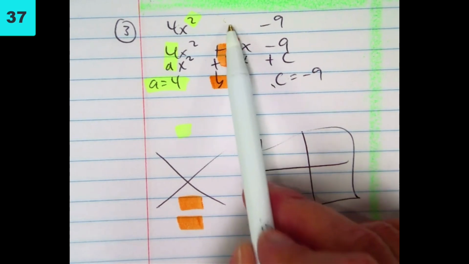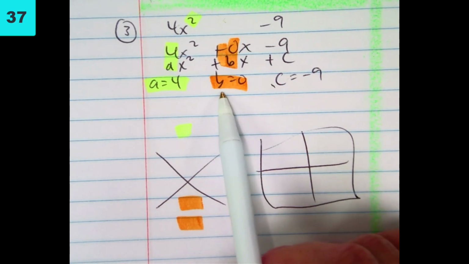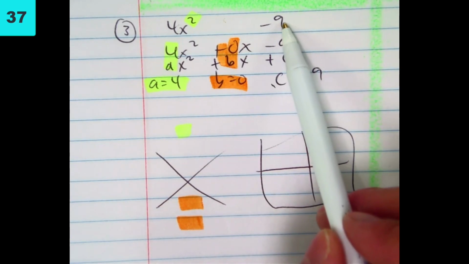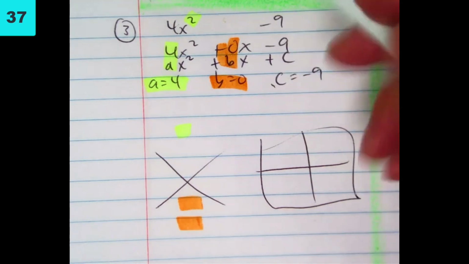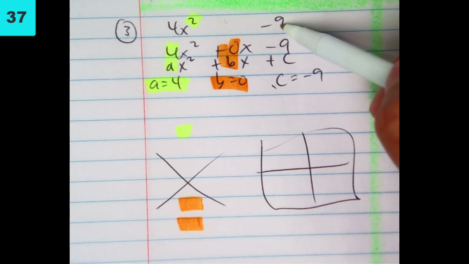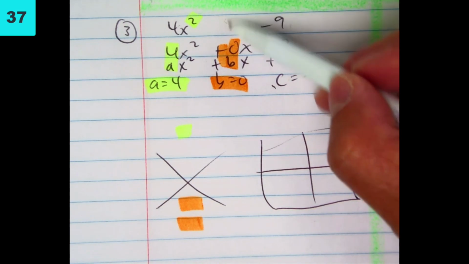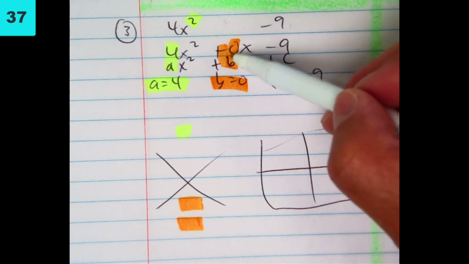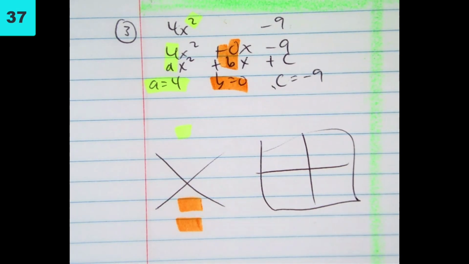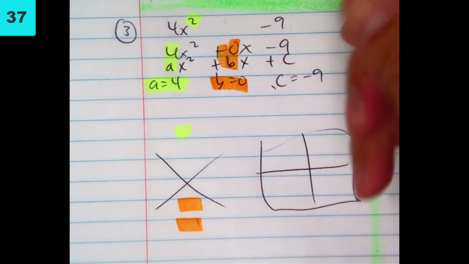There needs to be something put in here to find a b value, because the wrong way is for students to think that b is a negative 9. C is negative 9 because it's a constant. There's no variable. There's no x here. So in front of your b value, your coefficient is 0. And then lastly, your c value is negative 9.